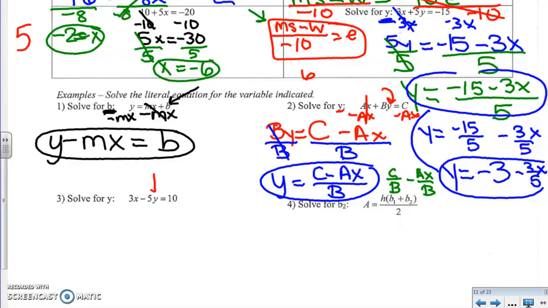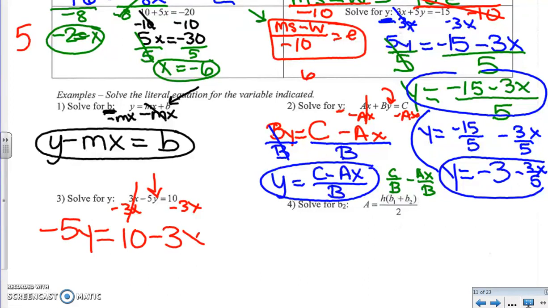For problem 3, we're going to isolate the y, which means we've got to get rid of the positive 3x first. So let's leave -5y, and the only way to undo 3x is subtract it. So I'm going to show that work, that I'm subtracting 3x from both sides. So the 5y is still negative and stays on the left side of the equal sign, but the 3x has now been subtracted on the right side. Because 3 has an x and 10 does not, those terms can't be combined.